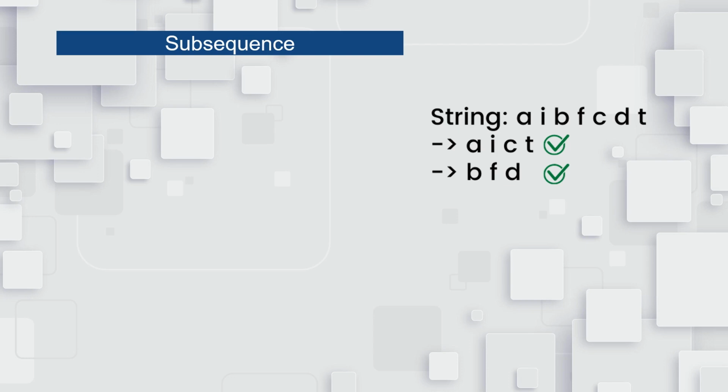They are subsequences of the string. But BAT is not a subsequence because it broke the one rule that is to always stay in order. So we see that to be a subsequence, maintaining order is essential.